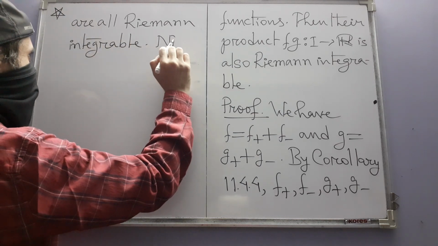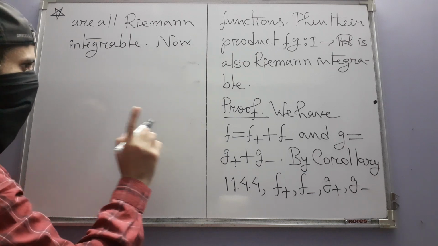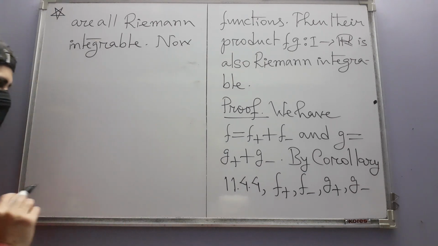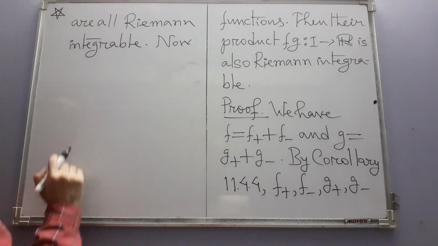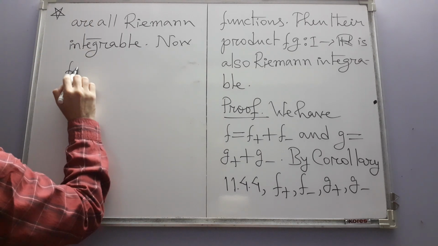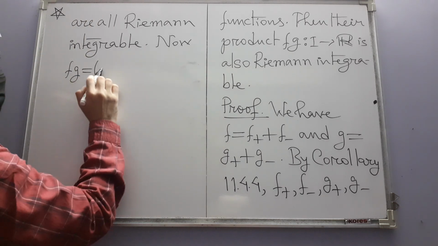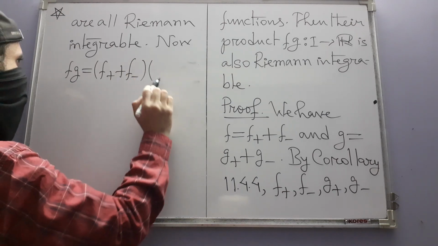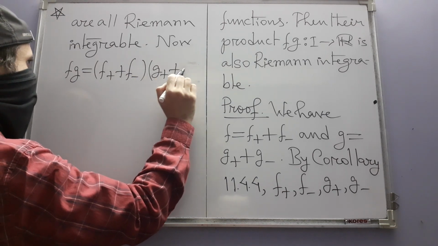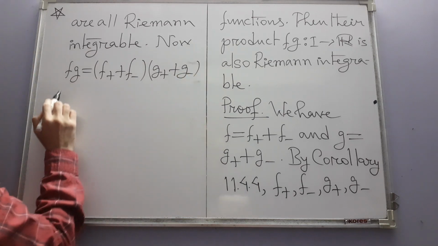Now, our aim is fg. Now, let's calculate the product fg in terms of these individual functions: f plus minus f minus, times g plus minus g minus.